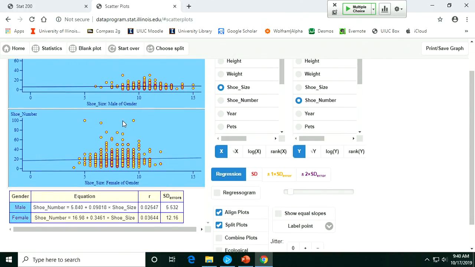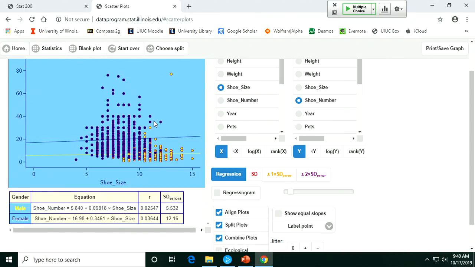Here, I'll show you what's happening. If we combine these plots, these purple dots represent the females in Stat 100, a lot more females, and these yellow ones represent the guys. You can see there are two fairly distinct groups of students here, and they have almost equal, slightly positive slopes.